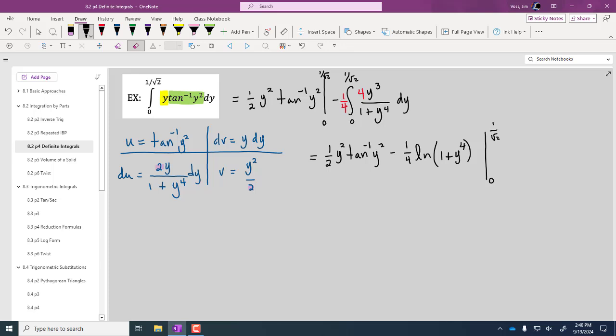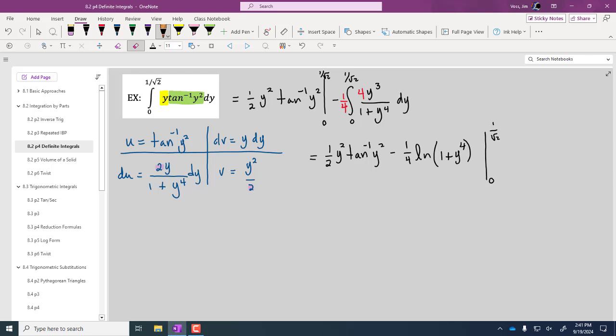Well, let's see. Are we lucky? If we plug in 0, do we get 0? What do y'all think? No. What is the inverse tangent of 0? Or you might say to yourself, who cares?